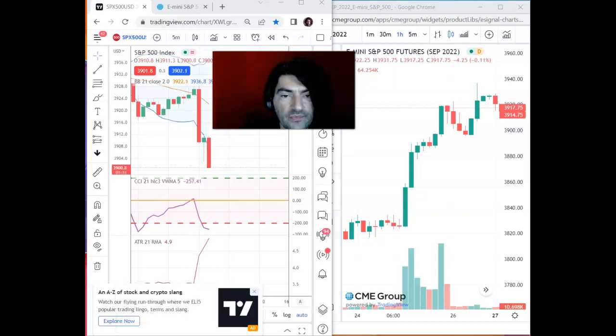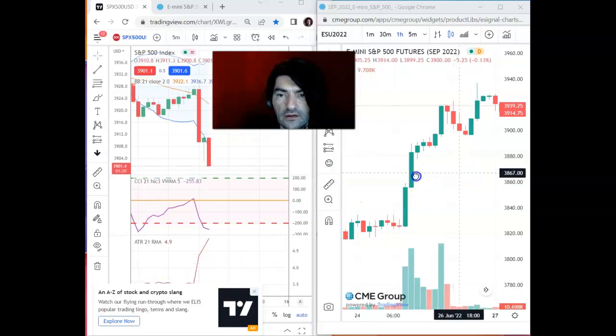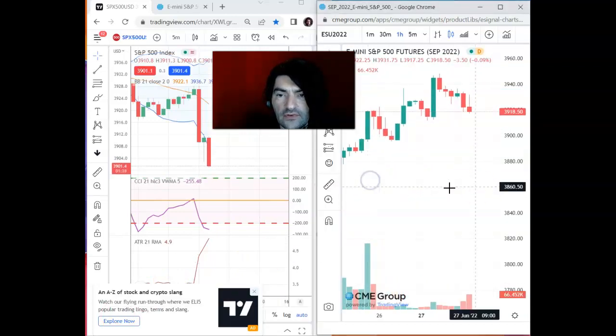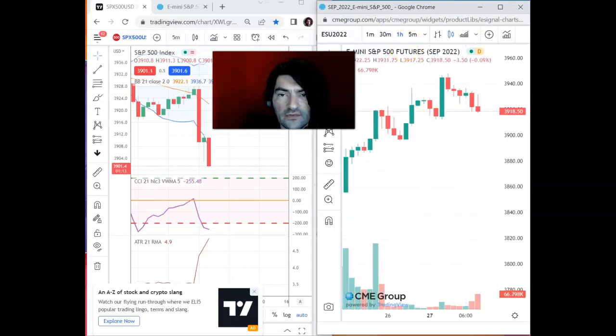Okay, so we are 15 minutes into the US Open, and there doesn't seem to be any sign of that bearish push going anywhere. We have obviously gone higher than these levels.